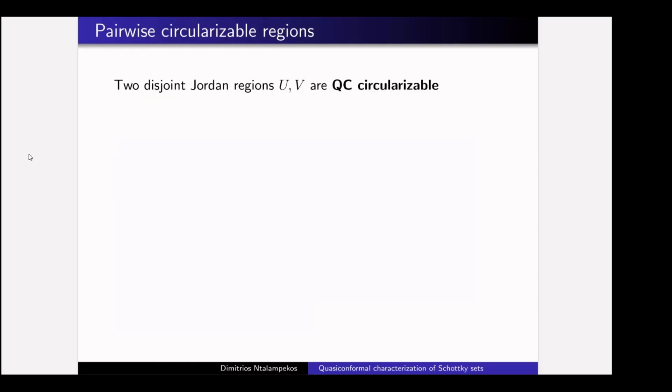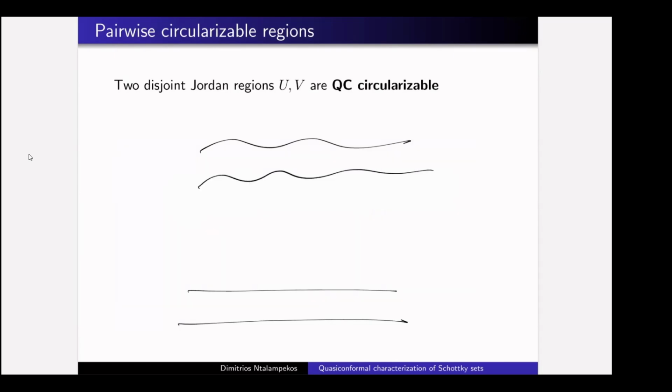Okay, I can say I'm trying to work out some examples now. Instead of looking at tangent disks, one can look at parallel lines. Find the condition so that two topological lines are quasi-conformally equivalent to parallel lines.